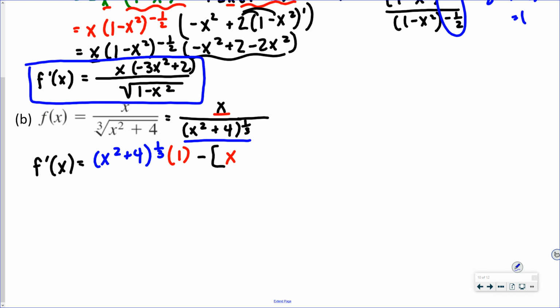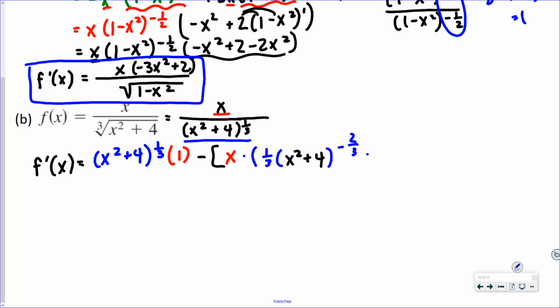All right, gotta use chain rule here to take the derivative of low. That would be 1/3 box, drop 1 from the power, negative 2/3. Inside my box is x squared plus 4.